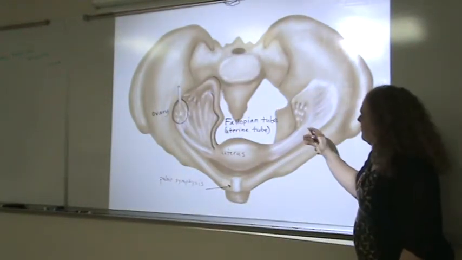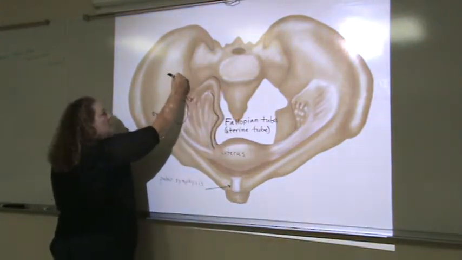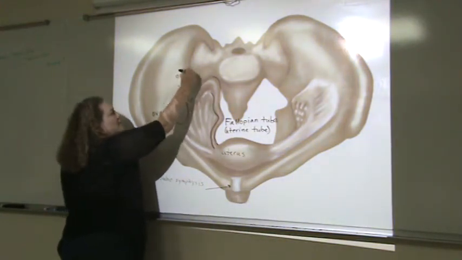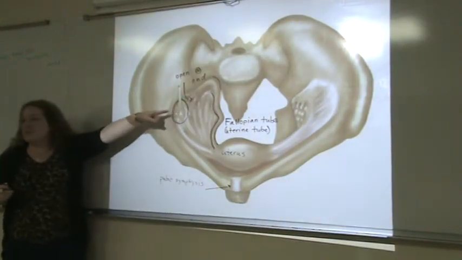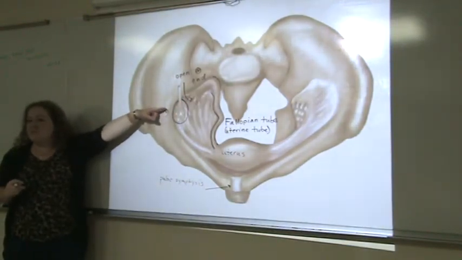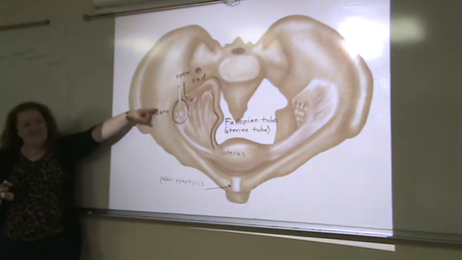The other thing I want to notice about this is that the fallopian tube is open at the end. See how it's not touching the ovary? That was a thing that I didn't know for an embarrassingly long time.